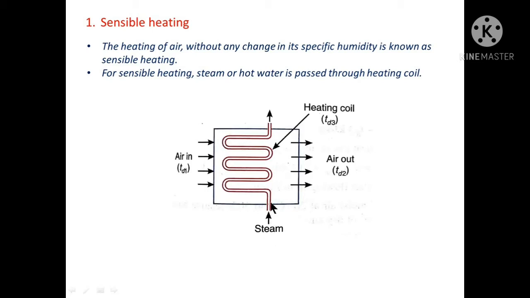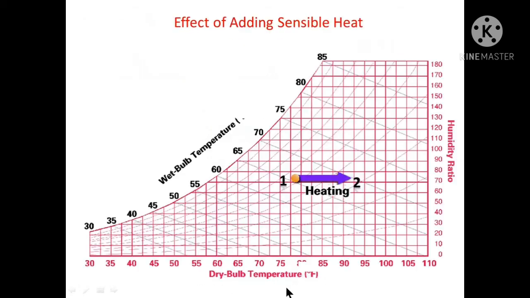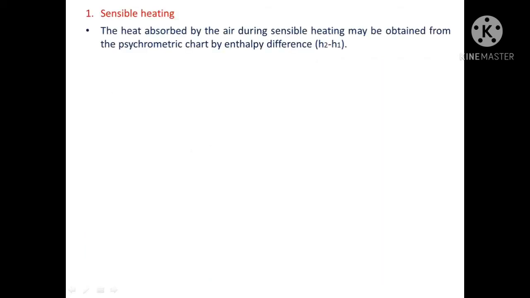Air having the temperature TD1 is passed through the heating coil, in which steam or hot water is used at temperature TD3, and the air leaving the coil is at TD2. This is sensible heating, in which the dry bulb temperature is increased from TD1 to TD2 and heating takes place at constant specific humidity.